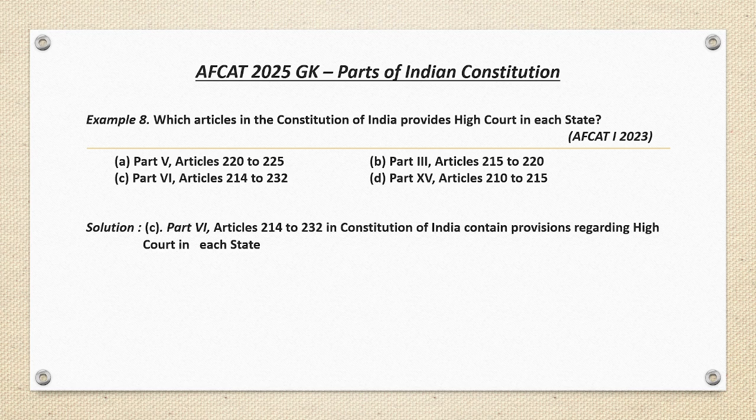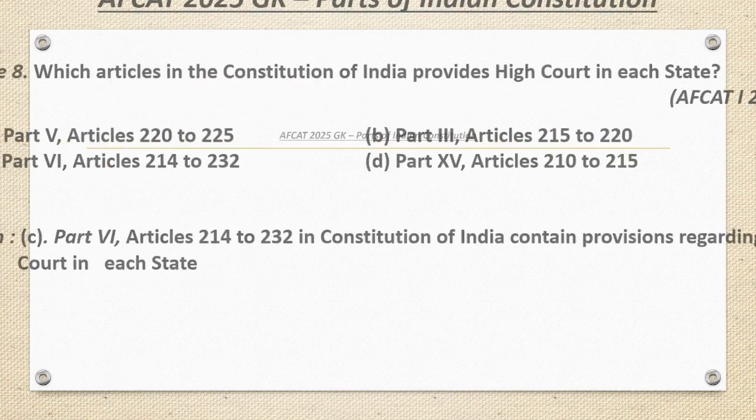Okay. Let us see what the answer is. Part 6, Articles 214 to 232 deal with provisions regarding the high court in each state. Right. If you remember, Part 5 deals with the union center and Part 6 deals with the state. Right. Next.